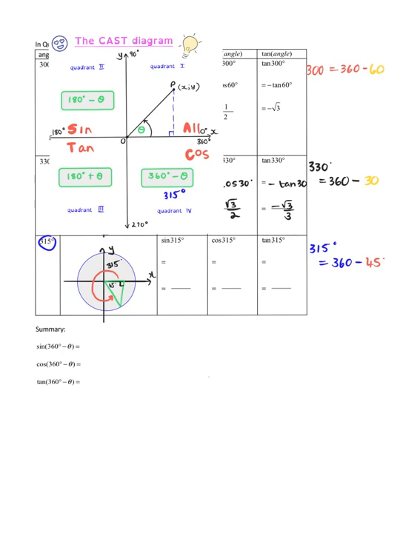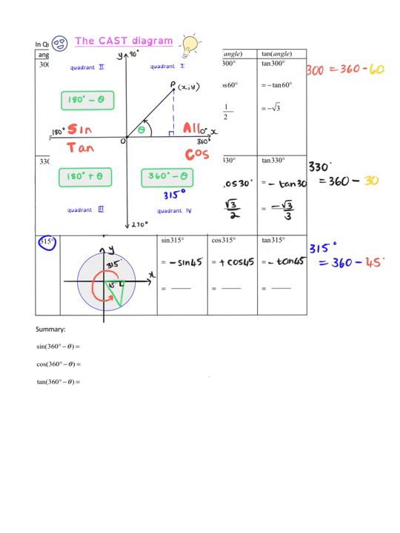So tan of 315, oh sorry, let's start off with sine. Sine of 315. So sine is negative in quadrant 4, and it reduces down to 45 degrees. Cos is positive in quadrant 4, reduces down to 45, and tan is negative.